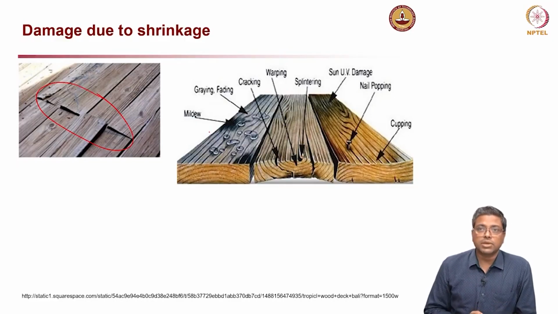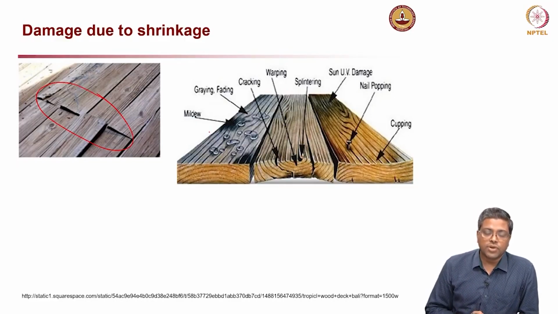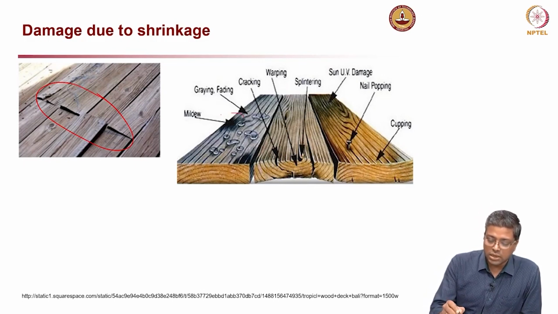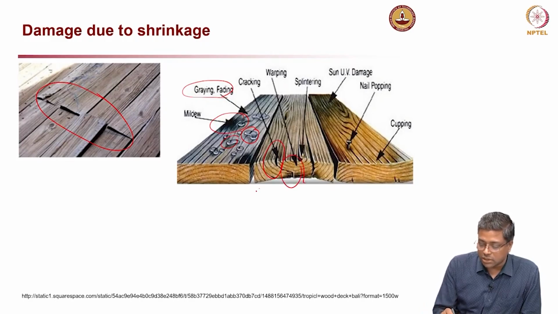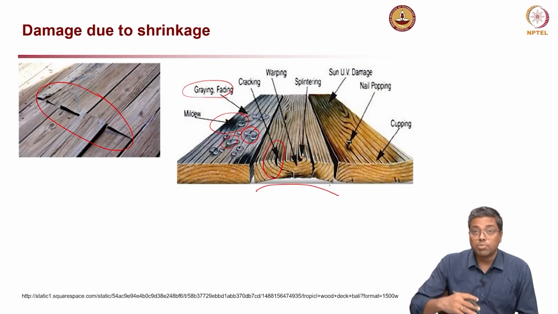The right side picture shows different types of problems experienced in such structures. You can see here mildew or some fungal growth because of the water droplets staying there, and then color also starts changing, fading, and here you can see cracking, and here you can see warping. You can see that this wood has turned like this, it has warped, the shape has changed.